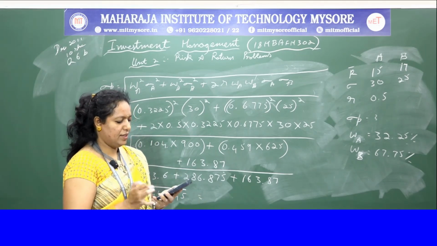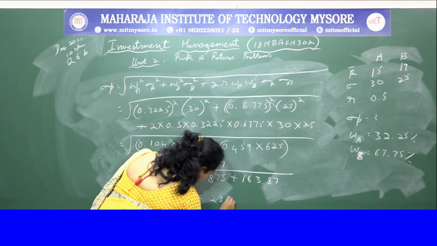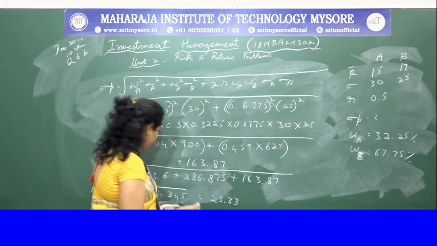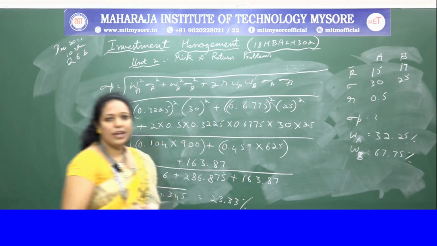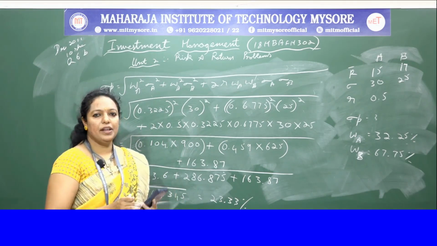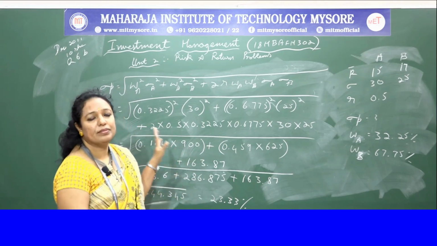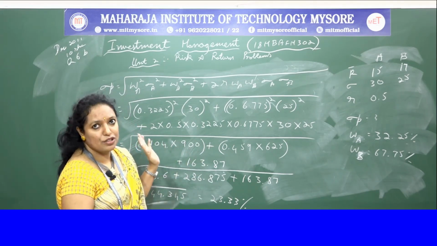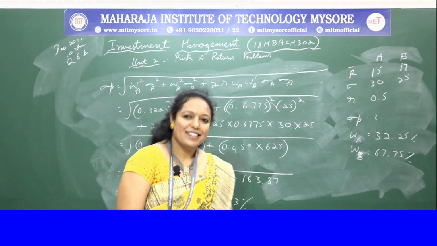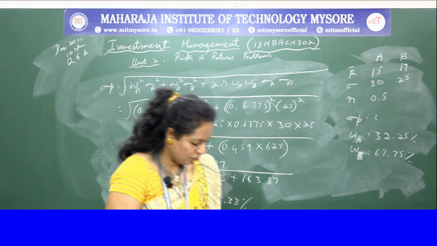Root of the answer, you get 23.33%. Is this clear? Have any doubts in this? Understood? Okay. Similar kind of problem I'll give you to do as a homework.